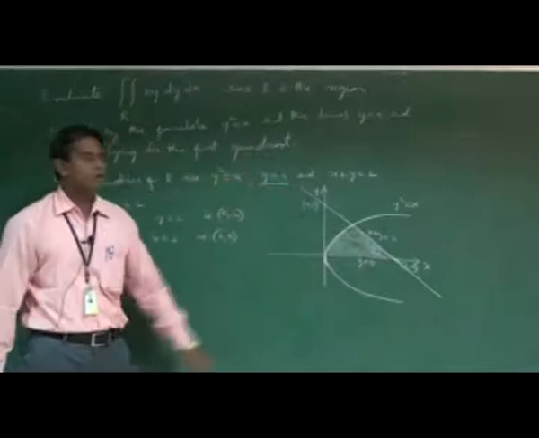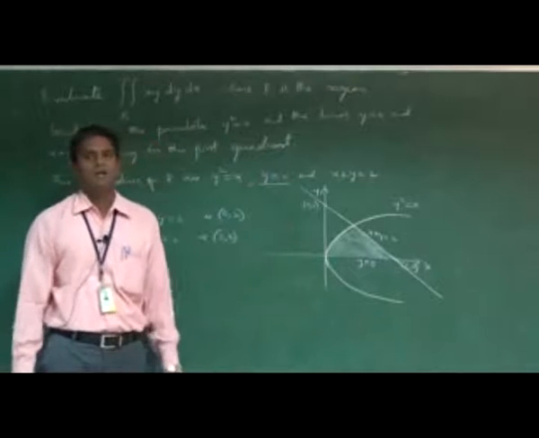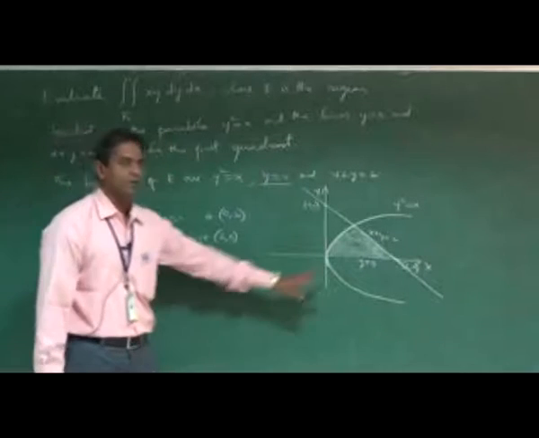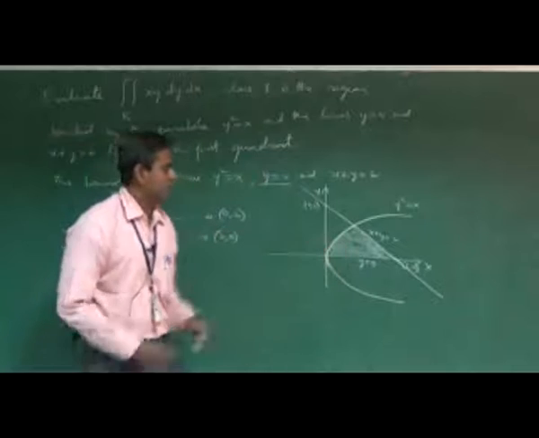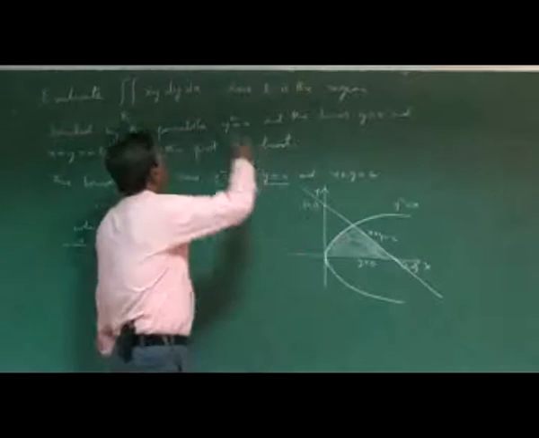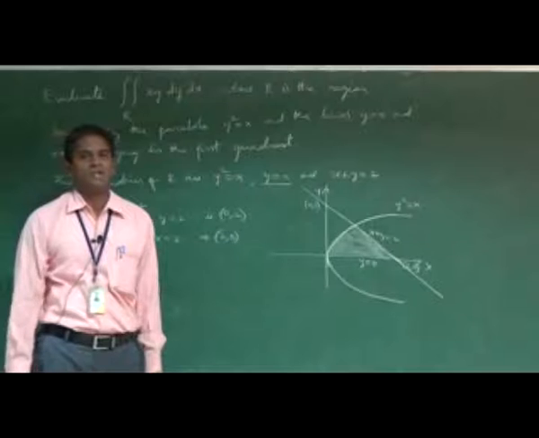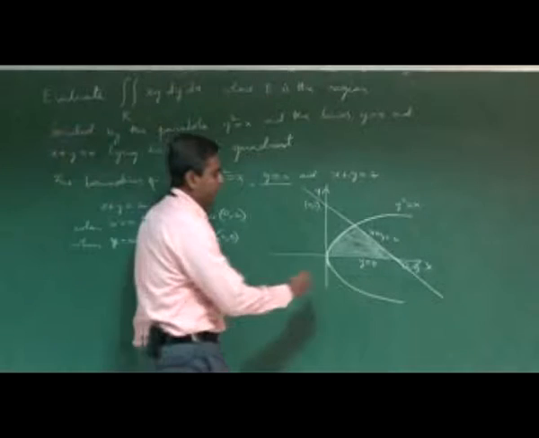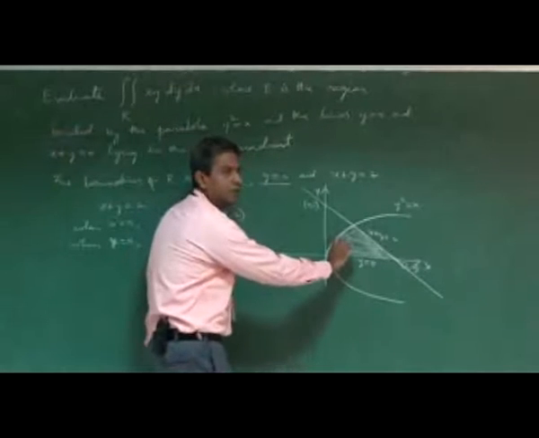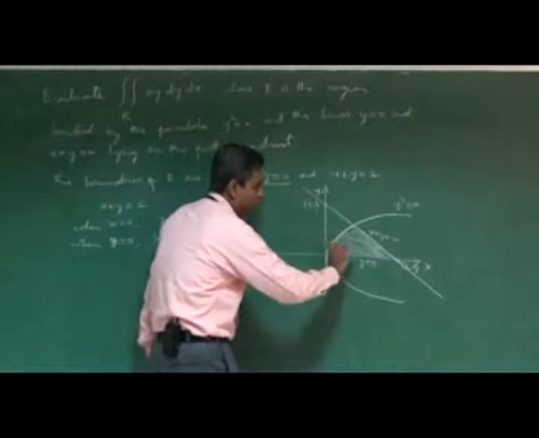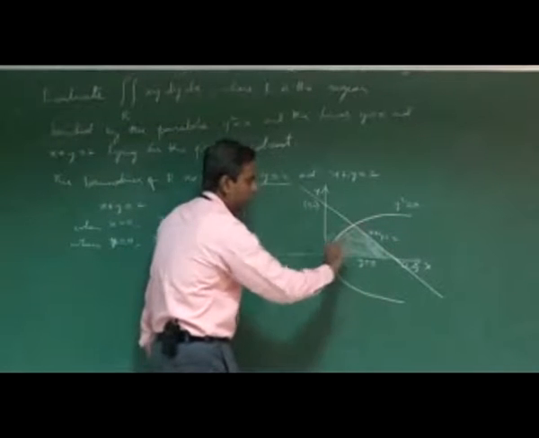Now we have to find the region of the given integration. So how do we find the area? In this case we integrate with respect to y for the first integration. So we take the strip parallel to the y axis and move it from left to right.